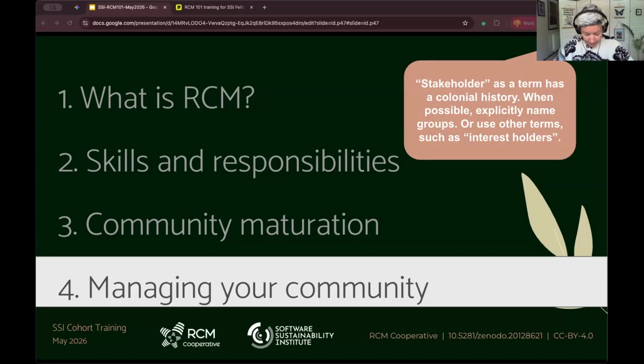It is, however, still very widely understood. So next time you come into these conversations, you can caveat that we're using the term stakeholder because you know what that means, but really we're going to try and move to other language, for example interest holders or actors. Just a little side.